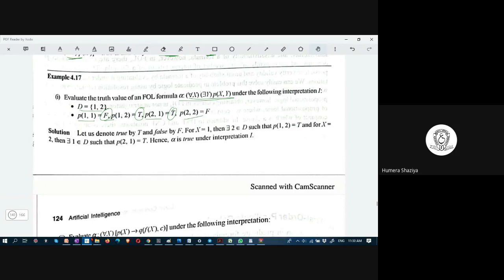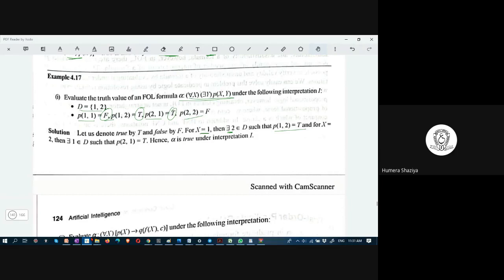The solution begins by denoting true by T and false by F. For x equal to 1, there exists 2 belonging to D such that P of 1 comma 2 is true. For x equal to 2, there exists 1 belonging to D such that P of 2 comma 1 is true.